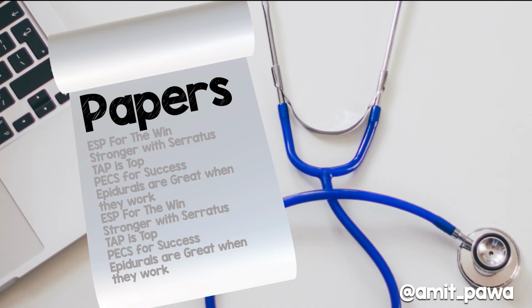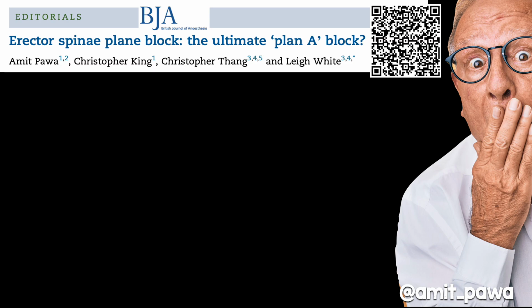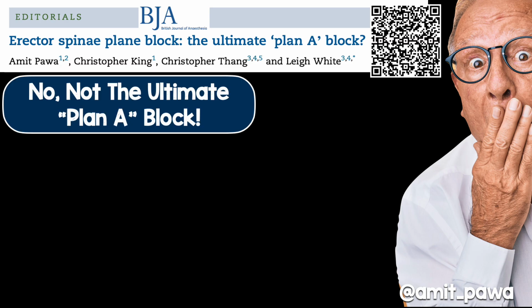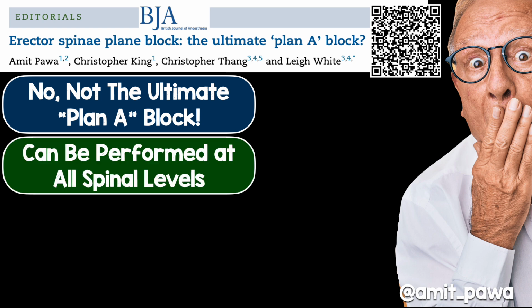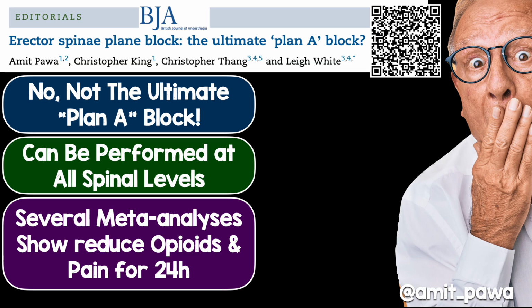Are there any papers that talk about the benefit of fascial plane blocks? Well, there's a slightly controversial editorial that we wrote in the BJA, and we talk about the fact that the ESP isn't the ultimate plan A block, but it can be performed at all spinal levels, and there are several meta-analyses that show reduced opioid use and pain for 24 hours.